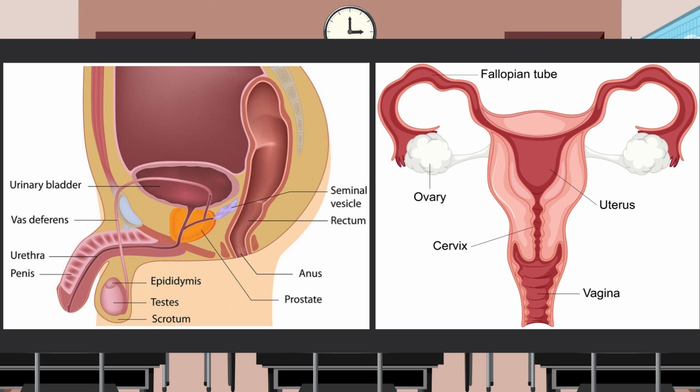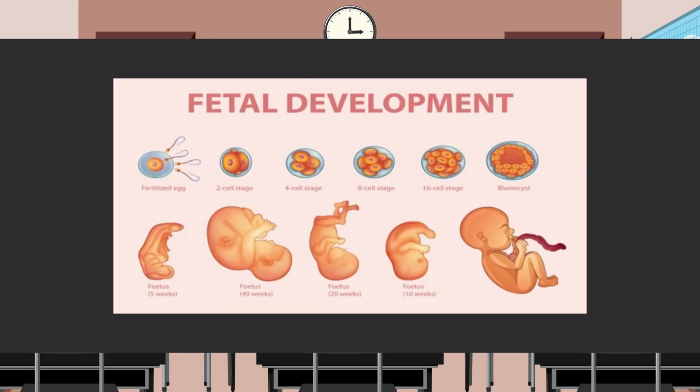The female's ovaries produce egg cells, and the male's testes produce sperm cells. When the sperm cell fertilizes the egg cell, a zygote is formed, and it is the start of a new life, a new human being. Okay, so that is the biological dimension.